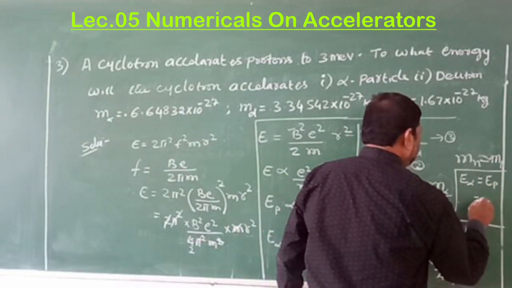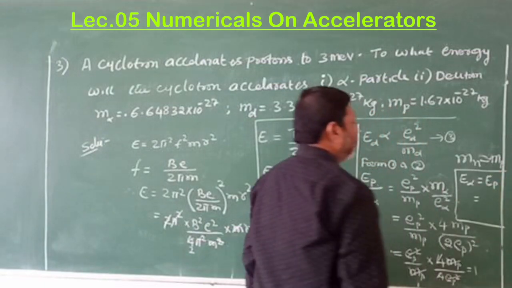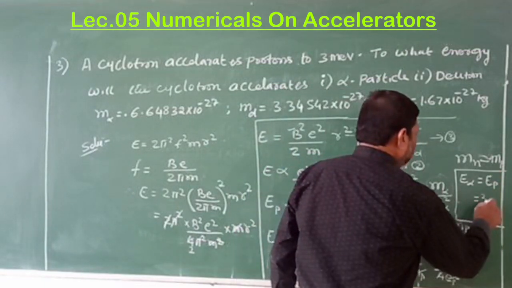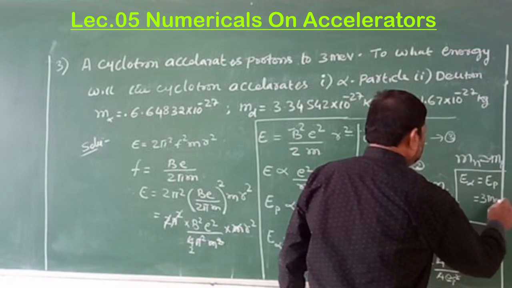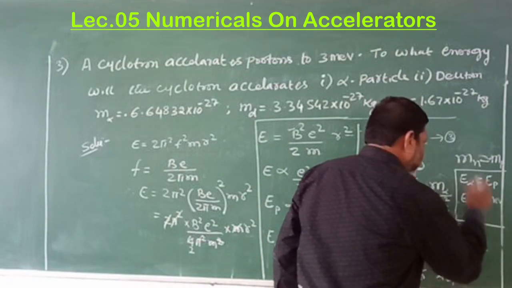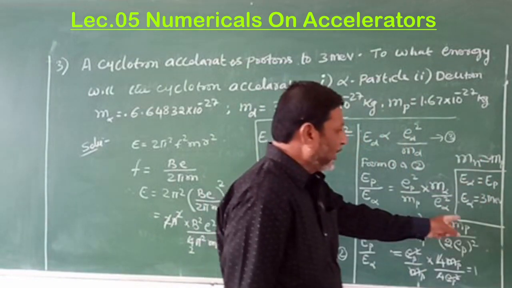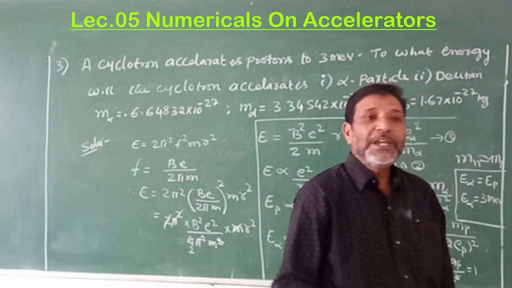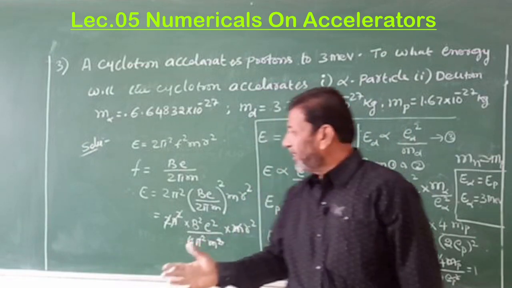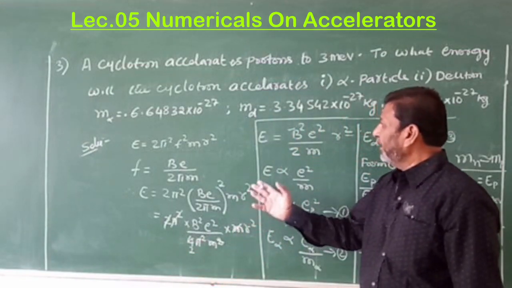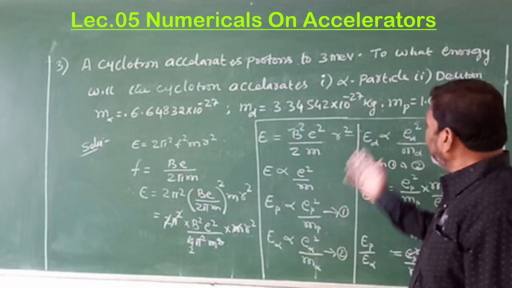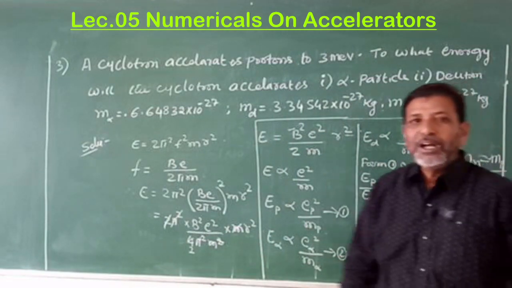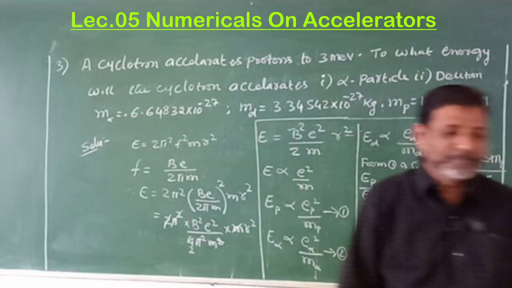It is given that the proton is accelerated to 3 million electron volts. Therefore, the alpha particle is accelerated to this much amount of energy. Now, by using the same relations 1 and 3, you can calculate to what energy the neutron is accelerated.